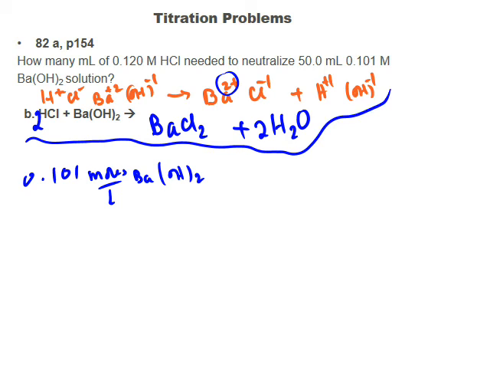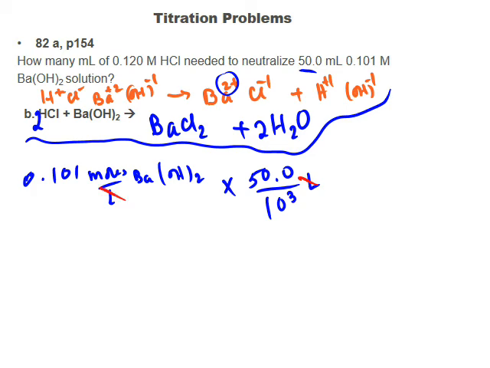So 0.101 moles per liter of barium hydroxide times the volume in liter of barium hydroxide, and we know the volume is 50 ml. So that's divided by 1000 to give liter. So 50.0 divided by 1000 gives liter of barium hydroxide. If I cancel out, let's do that so that we can follow the units, liter would cancel out. So I get moles of barium hydroxide.